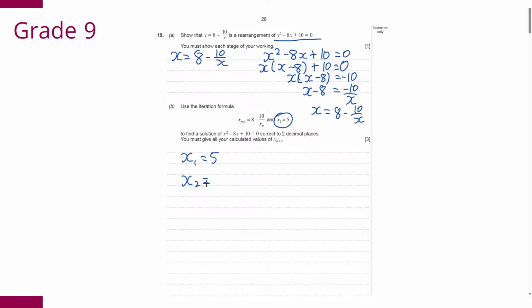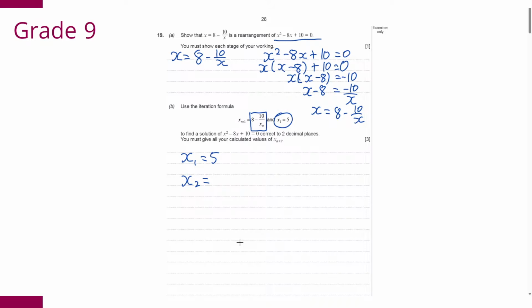The first time you use answer, it's going to use that 5. Next, we're going to write out the part here, but instead of xn, we're going to do that 5. So 8 minus fraction 10 over. Now, do not press 5. You're going to press answer.